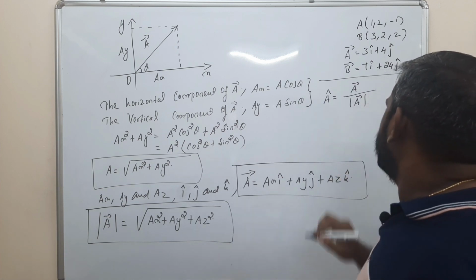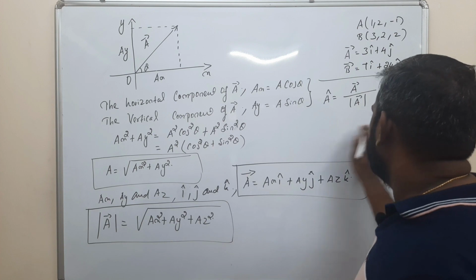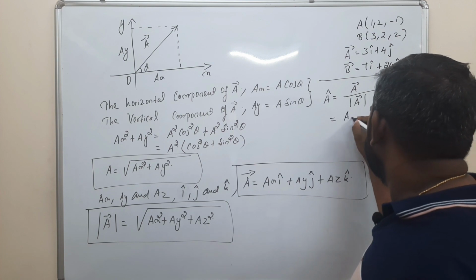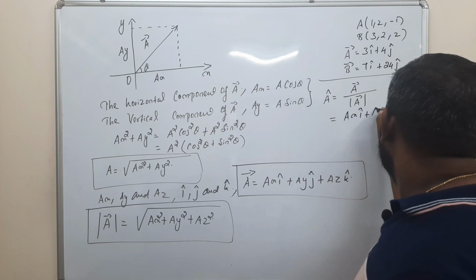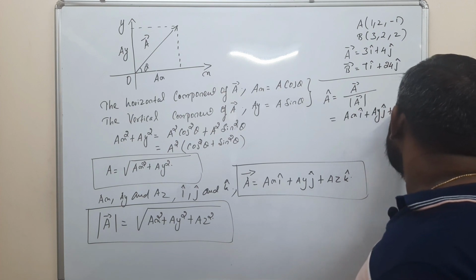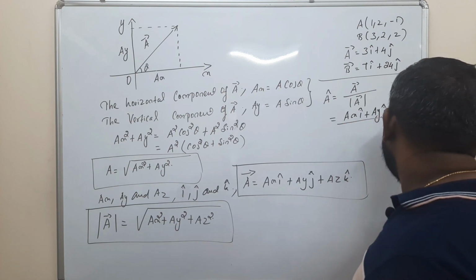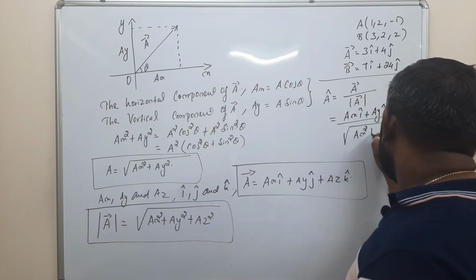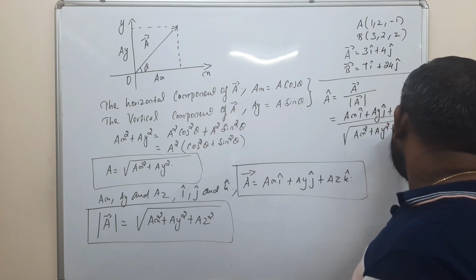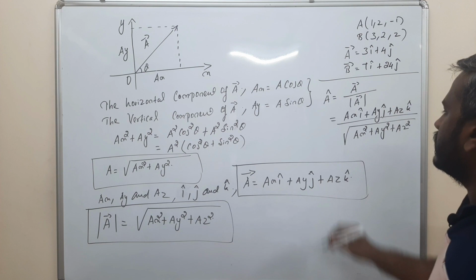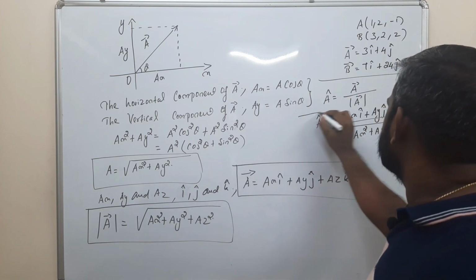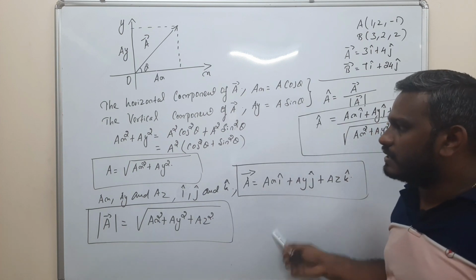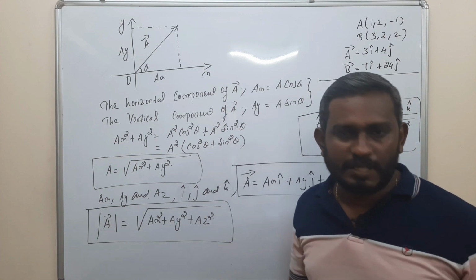So A cap equals A vector divided by mod of A vector, that is Ax I cap plus Ay j cap plus Az k cap divided by the modulus of A vector, which is square root of Ax square plus Ay square plus Az square. This formula is also very important, the unit vector along a vector. These are the things you have to keep in mind before solving the problems.